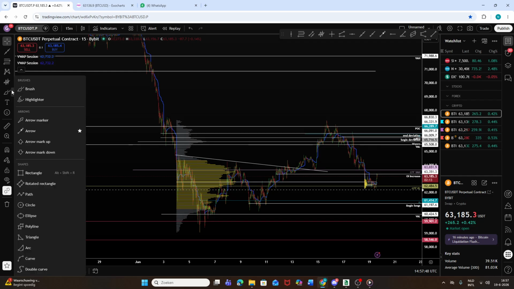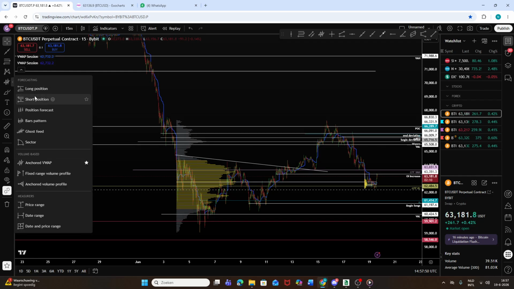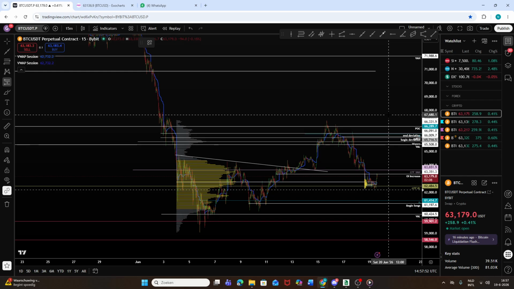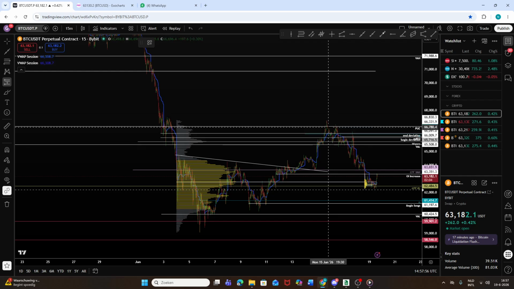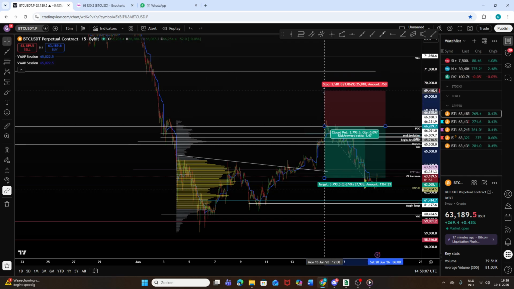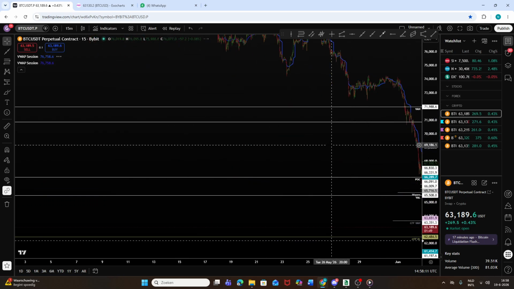It's important, like I said, that your invalidation has to be in a place where you know you're invalidated, so that your trade will not be affected by swing failure patterns and liquidity grabs. So my stop loss placement is always good, just like this one, right?